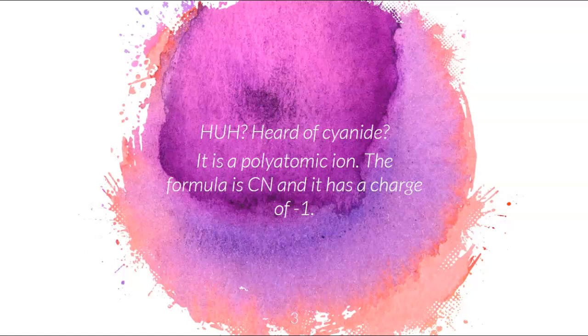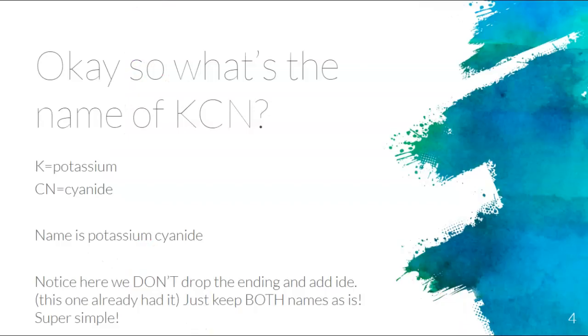Okay, so we're going to take this now and apply it to what we did last time. If I've got a compound that's called KCN, what's the name of it? Well, K stands for potassium, and CN stands for, as I just told you, cyanide. So it would be potassium cyanide. Now, you might say, how do I know it's not potassium carbon nitrogide?